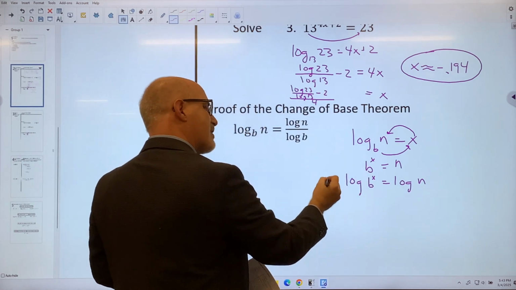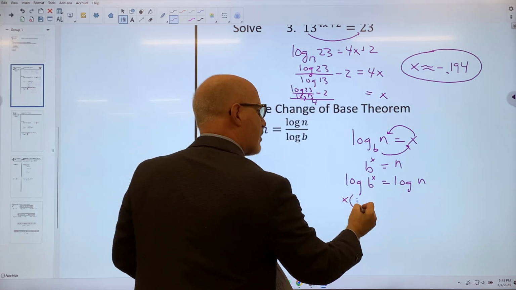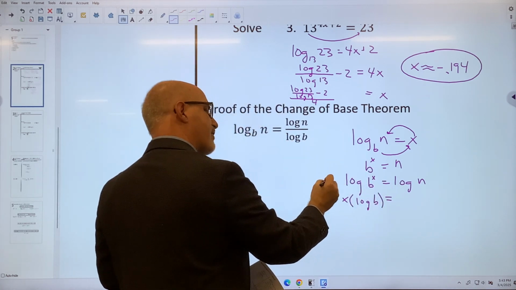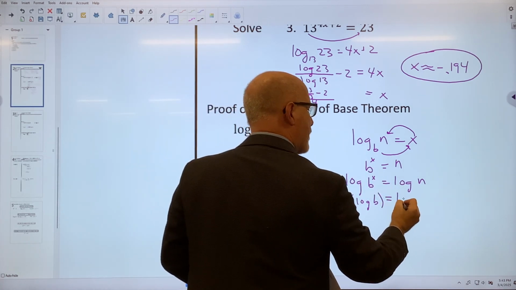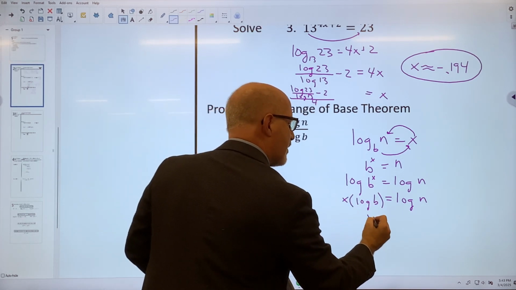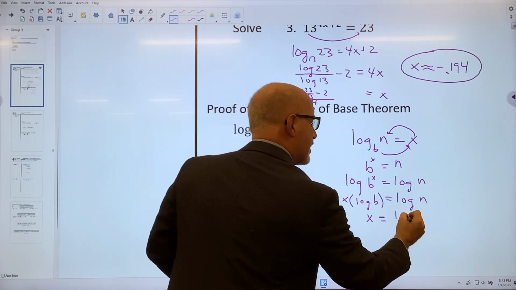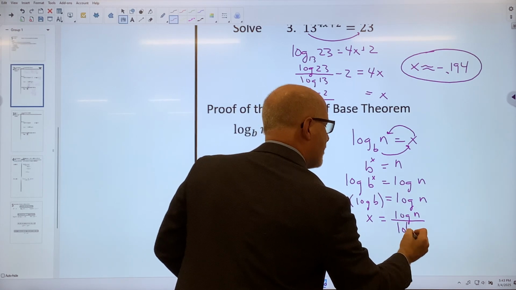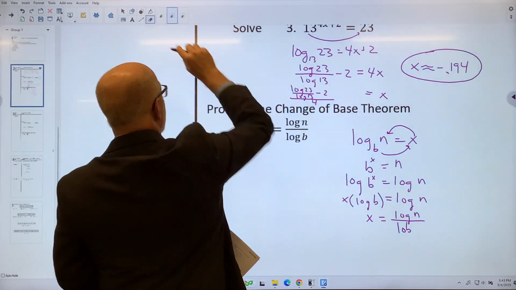Now I bring that x in front using my rules of logarithms, which means I can bring the exponent in front of the logarithm using the properties that we've discussed. And now I can divide by log of b, and so I get common log n over common log of b is equal to my x.